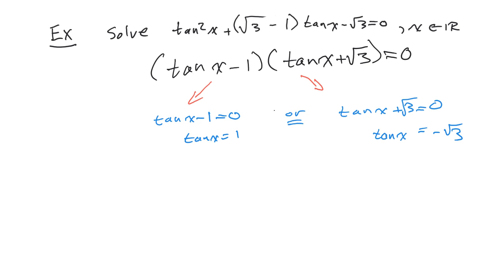So for my first solution, the only time tan is positive is in this quadrant and this quadrant, based on the CAST rule. That means we have two possible triangles created in each quadrant. Now, this side is 1 and this side is 1.